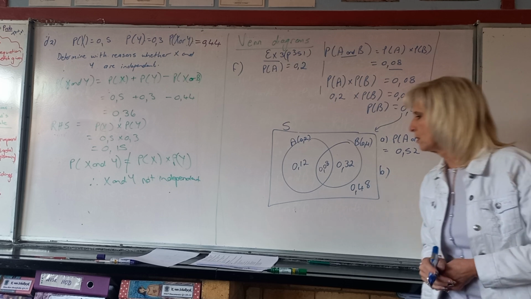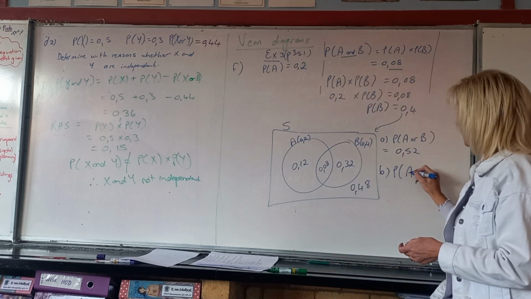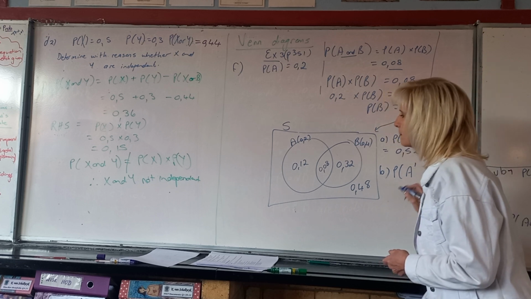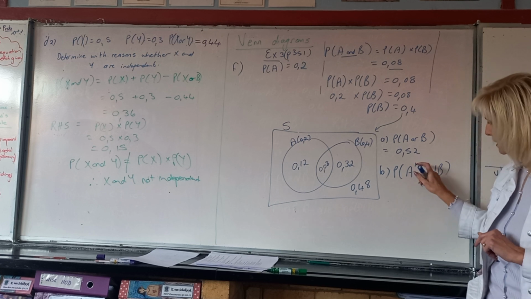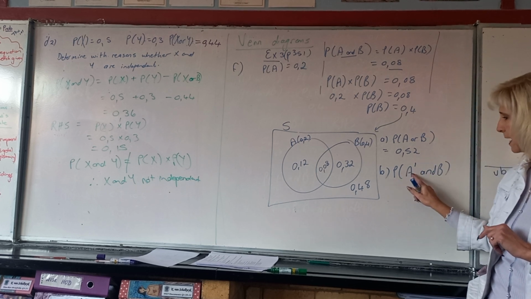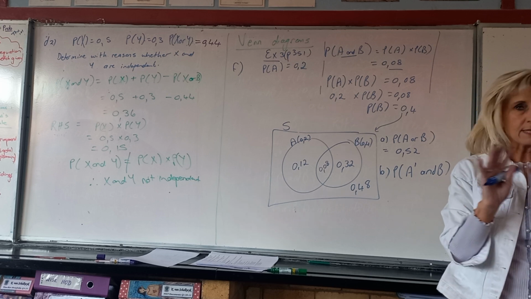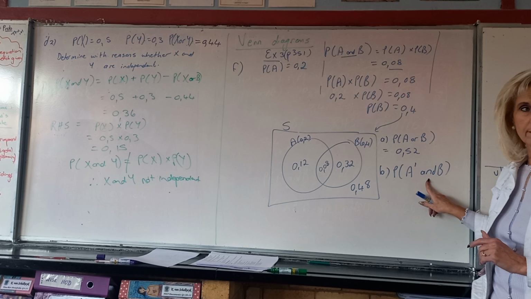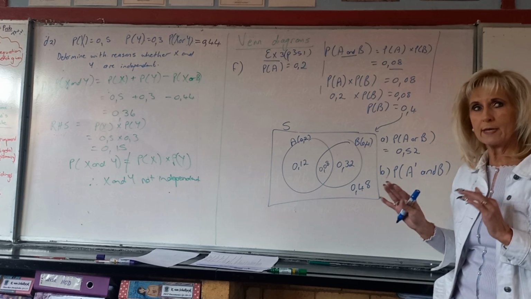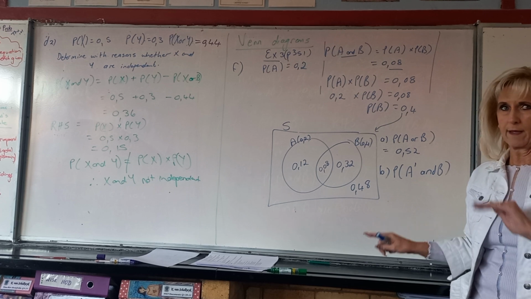The B part asks, what is the probability of not A and B? Be careful. They didn't use the little accent there. They said not A and B. What are they asking? It mustn't be in A, but it must be in B. Not A as well as in B. Now listen carefully. Where is not A?